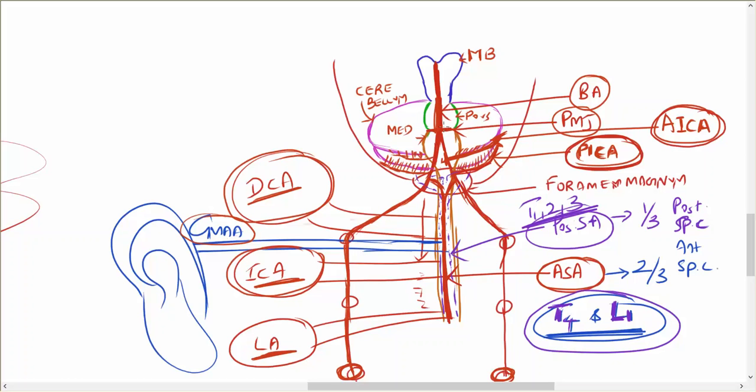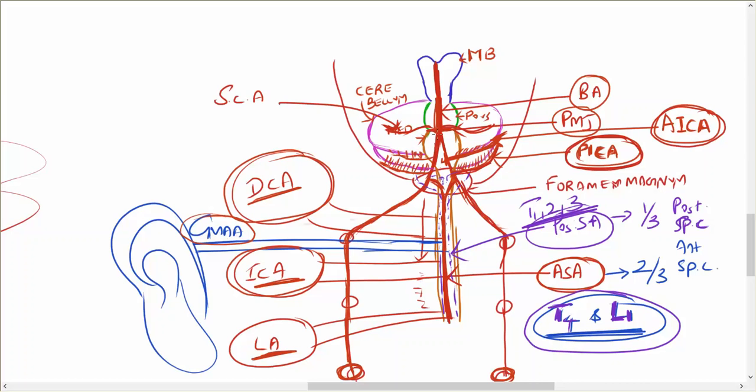From the basilar artery they give another branch to the superior part of the cerebellum, called the superior cerebellar arteries.